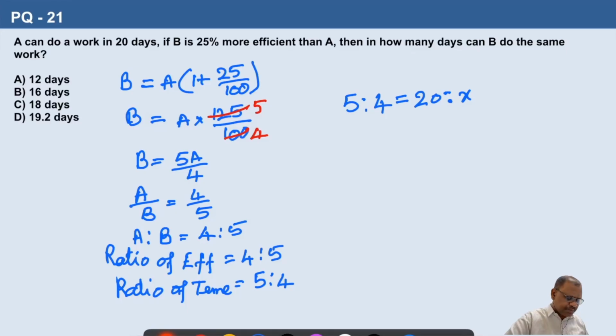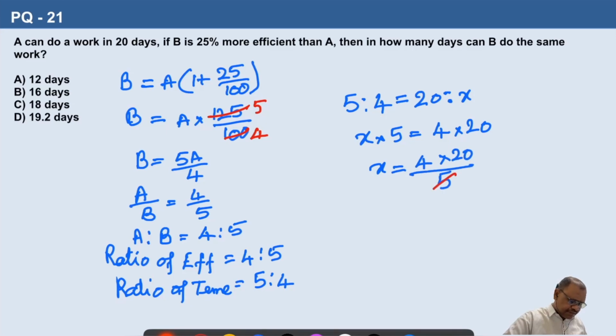According to the rule of proportion, product of extremes is equal to product of means. So X into 5 is equal to 4 into 20. Simplify this. X is equal to 4 into 20 by 5.